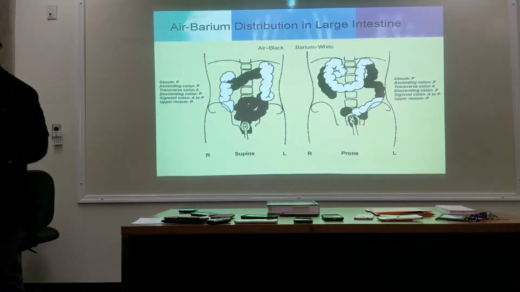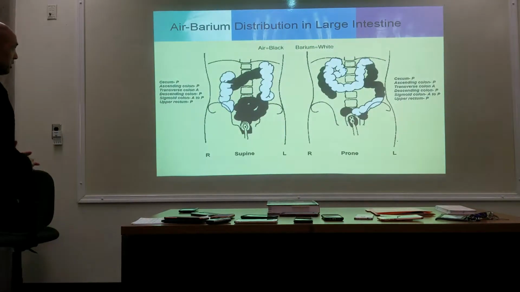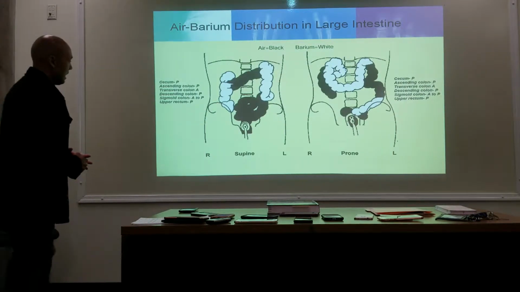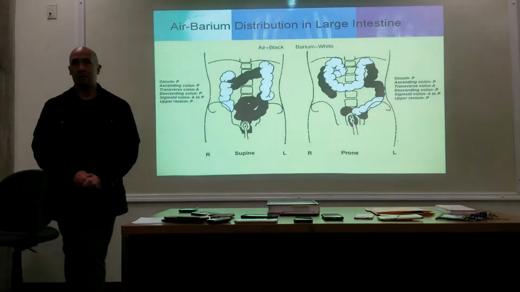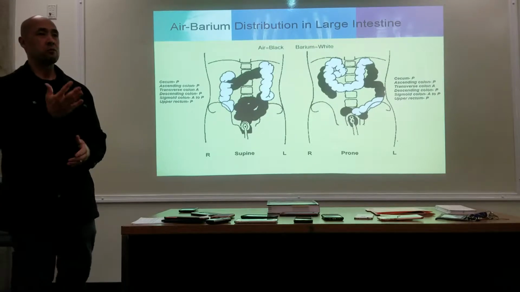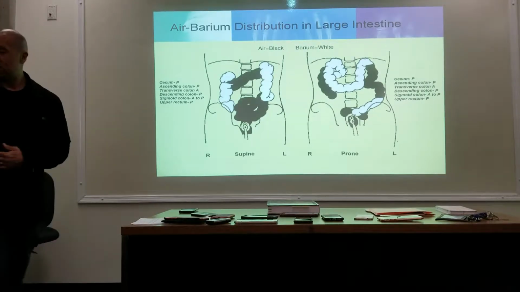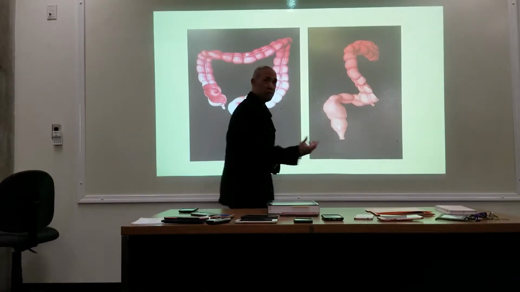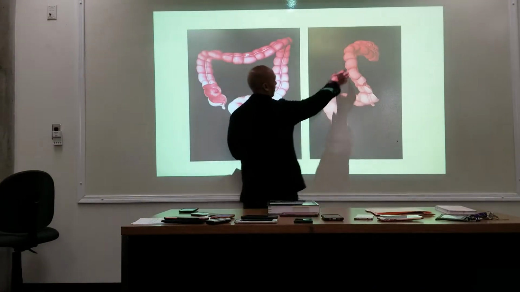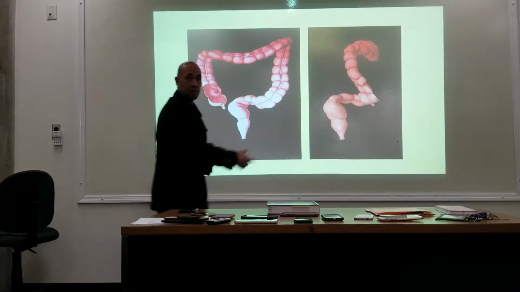All right, so if we go over here, air and barium distribution in the large intestine. If the patient is laying on their back, the weight of the barium is going to move posteriorly. If you recall back in this image here, if they're laying on their back, where should we see the barium? Ascending and descending, right?